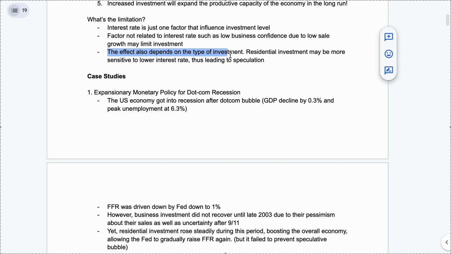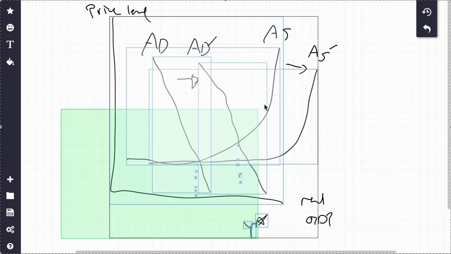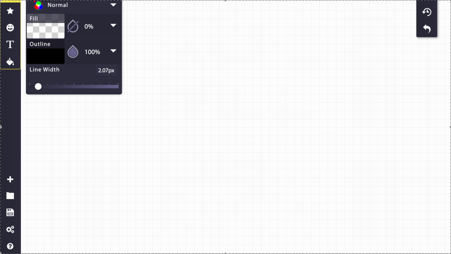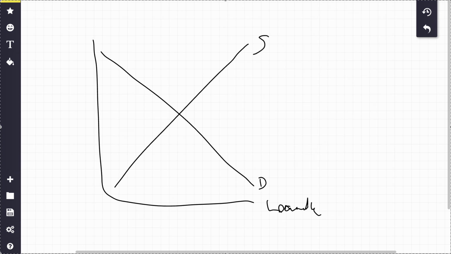So the effect also depends on the type of investment too. Okay, before we get into that, let me just draw that very quickly. If we draw this, we can actually draw a loanable fund market. We have the supplier in the loanable fund and the demander in the loanable fund, which is maybe firms and other borrowers.